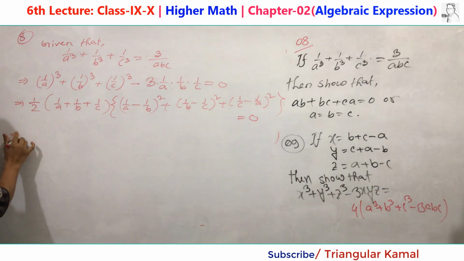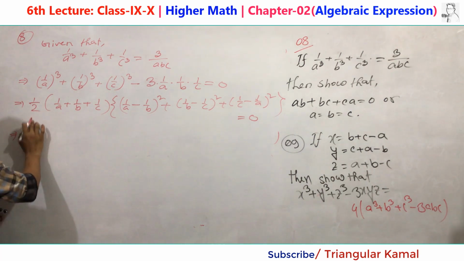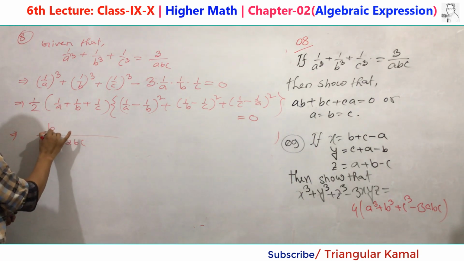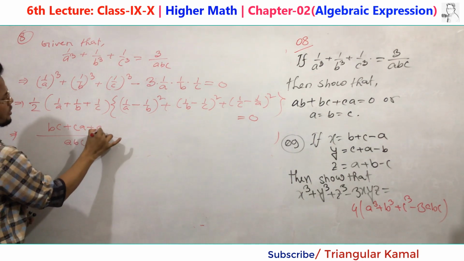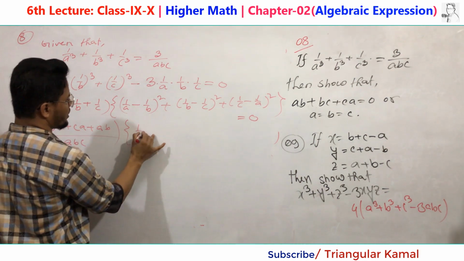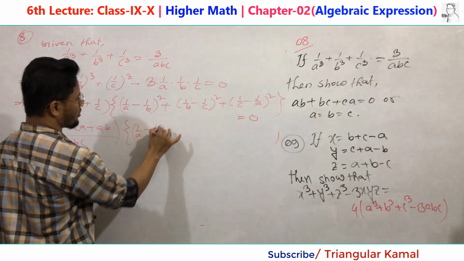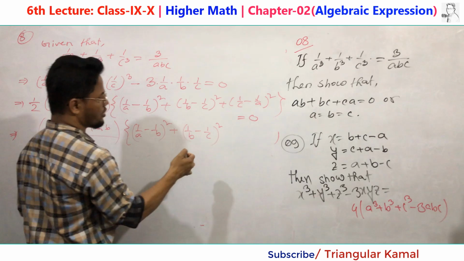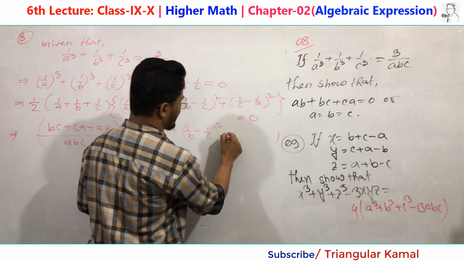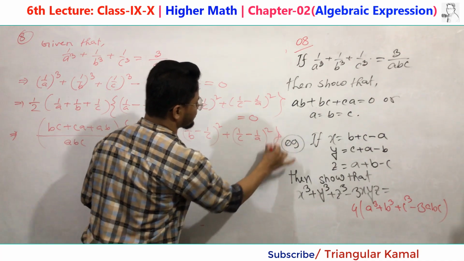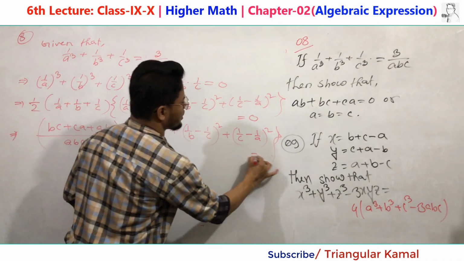Now take LCM, divide by half on both sides, so half will be eliminated. Taking here LCM abc, this will be bc plus ca plus ab, and second 1 by a minus 1 by b whole square plus 1 by b minus 1 by c whole square, and plus 1 by c minus 1 by a whole square, and the right side is 0.